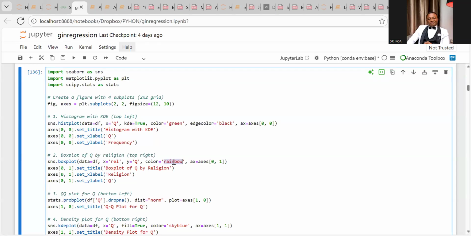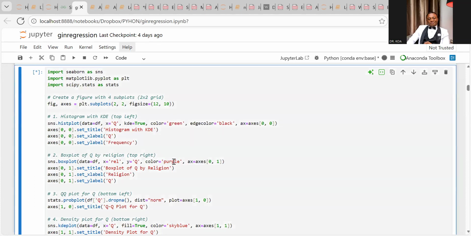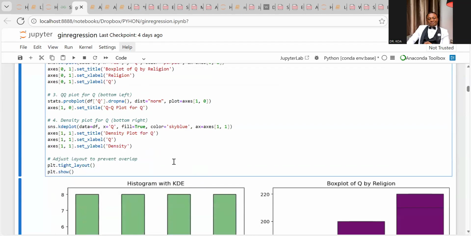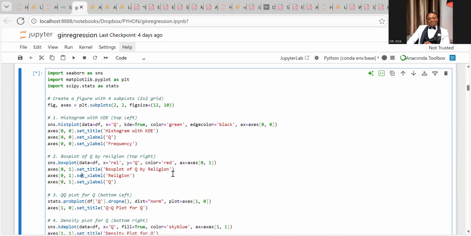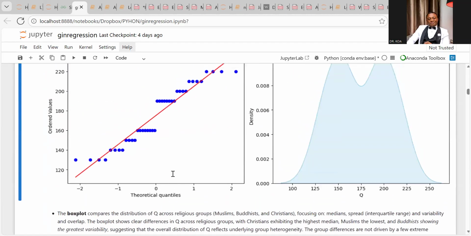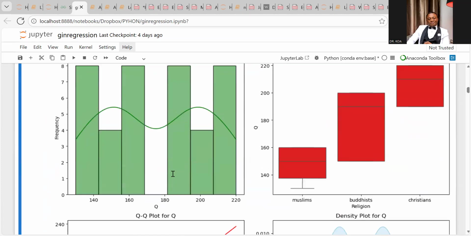I think it's the R that does that. Other colors will show. We just did some red here. So as you can see, this is it.